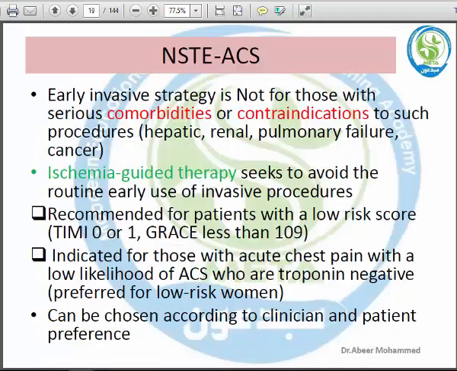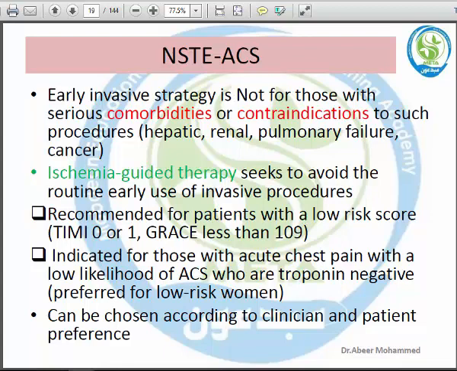طيب في non-ST acute coronary syndrome قلنا ال early invasive strategy is not for those with serious comorbidities or contraindications such as hepatic or renal or pulmonary failure or cancer. In these cases, in serious comorbidities or contraindications, we prefer ischemia guided therapy. Ischemia guided therapy also recommended for patients with low risk of scores.